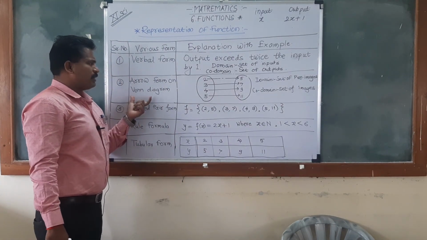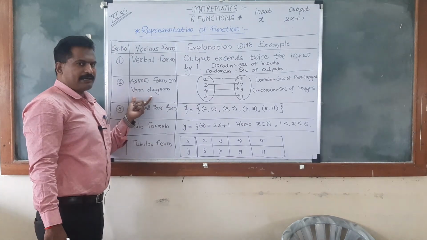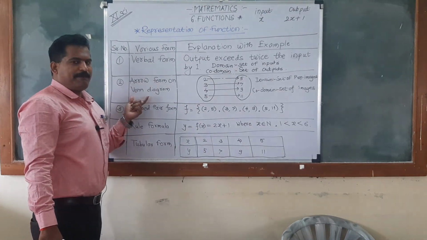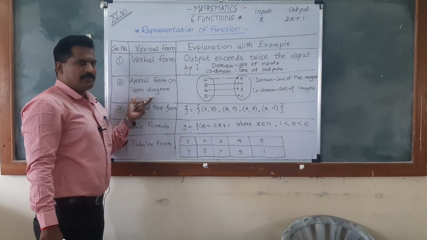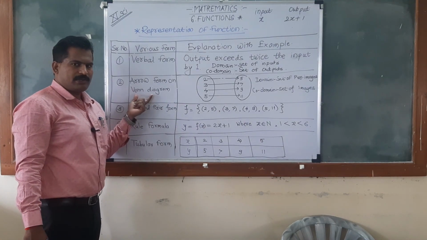Second form, arrow form or Venn diagram. It is a very effective, pictorial representation of the function in which we use a Venn diagram.